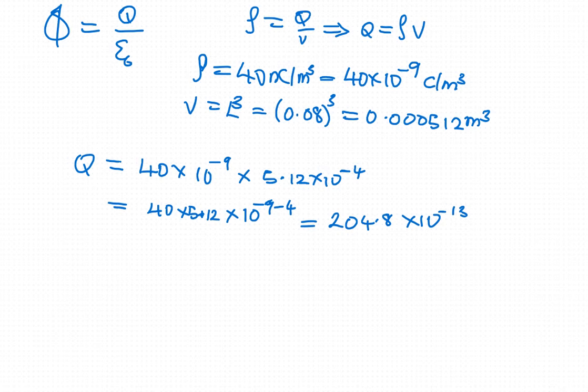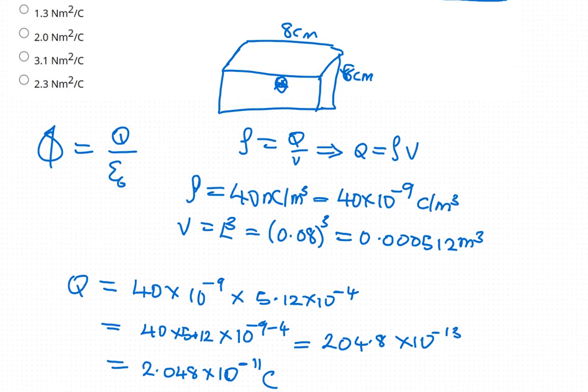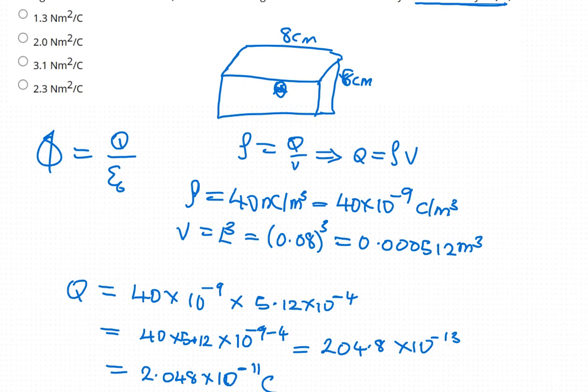We can reduce further, which is 2.048 multiplied by 10 to the power minus 11 coulomb. So this is the charge. This is the charge inside this box.